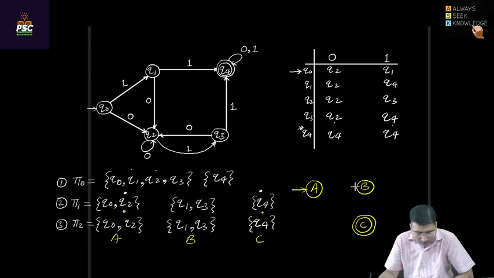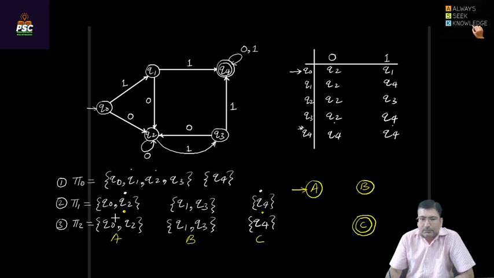So we can write the transitions. How do we decide the transitions? From, let's say, this initial state, when 0 is coming, on Q0 when 0 is coming, it is leading you to Q2. Q2 is in the same set.